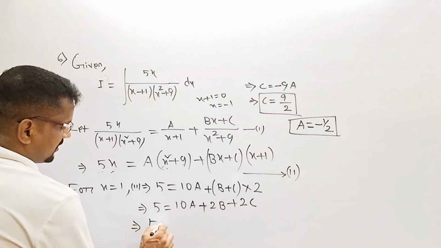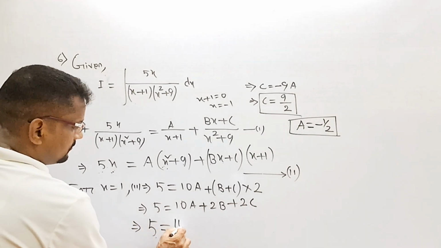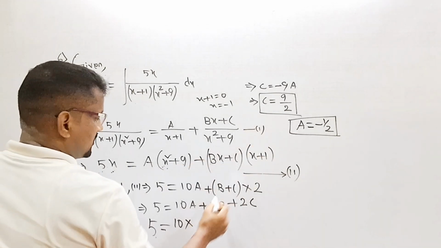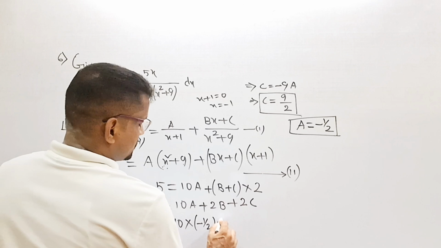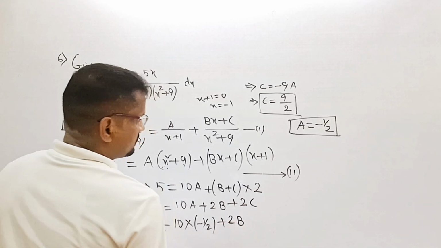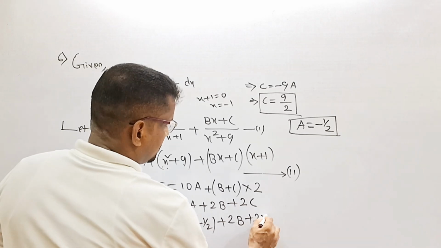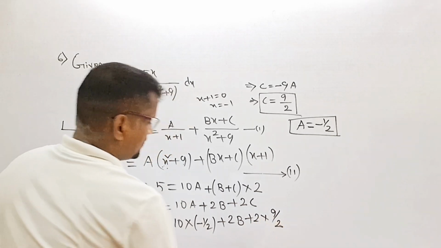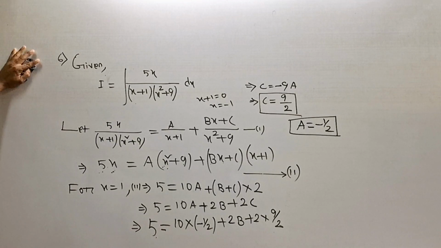Now put the values of a and c. This will give you 5 equals 10 into a, a is how much? Negative half. Plus 2b as it is, b value we are going to find out. C is what? 9 by 2. So plus 2 into 9 by 2. Then let me write this part here.